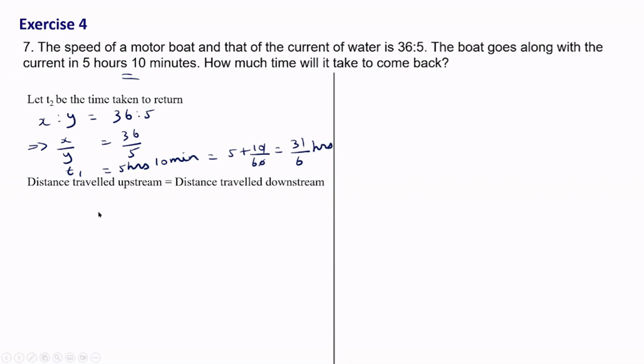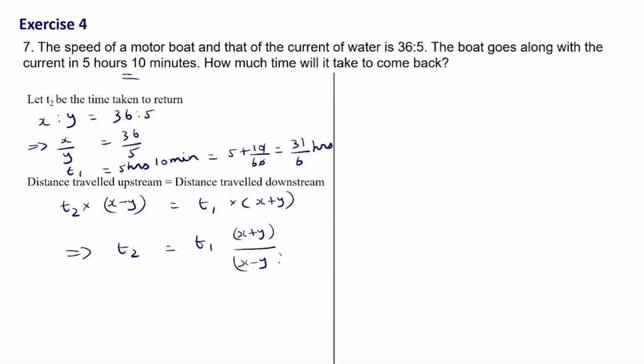Now we know that the distance travelled upstream is equal to the distance travelled downstream. Distance travelled upstream is the time taken to go upstream into the upstream speed. This is equal to the time taken to go downstream into the downstream speed. This implies T2 is equal to T1 into x plus y upon x minus y.